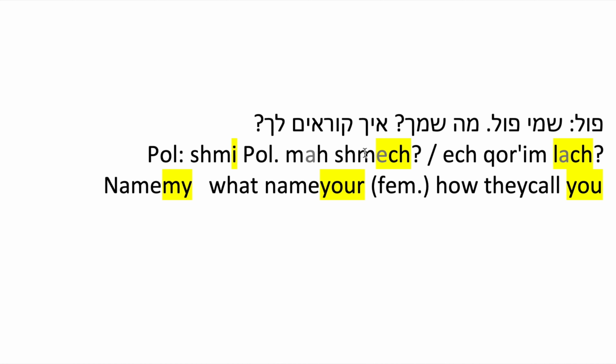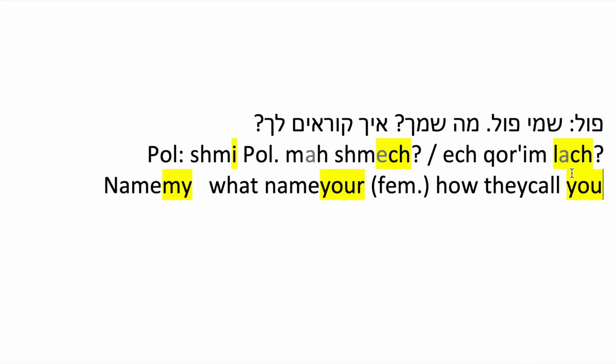The noun for name is sham or shem, and then the ending is shmich. And in "ech korim lach", that's a pronoun. This is not an ending of a noun. This is a pronoun. You, it's lach.